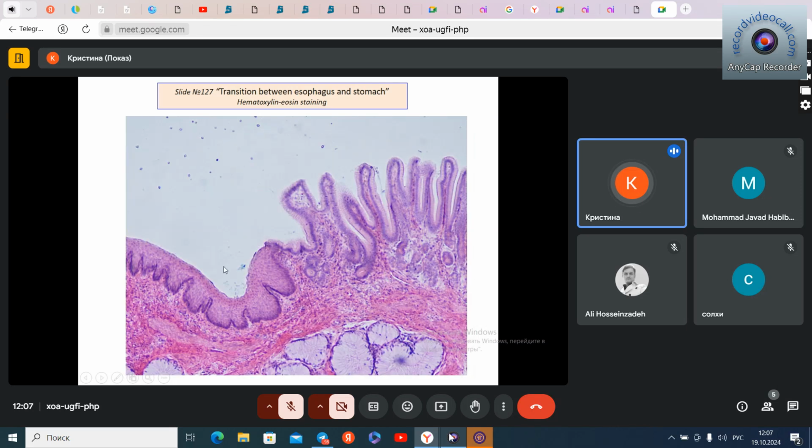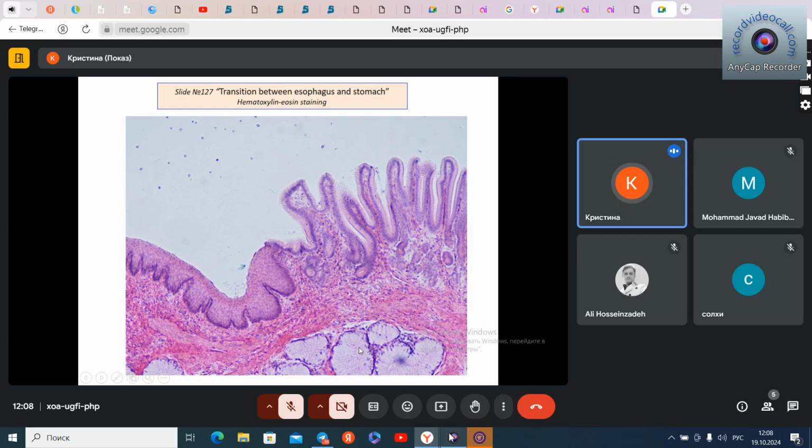And the same at high magnification, you see here the area of transition of the esophageal epithelium to the epithelium of the stomach. Lamina propria mucosa, here lamina muscularis mucosa. You see the secretory portions of the esophageal glands proper below the level of the lamina muscularis.